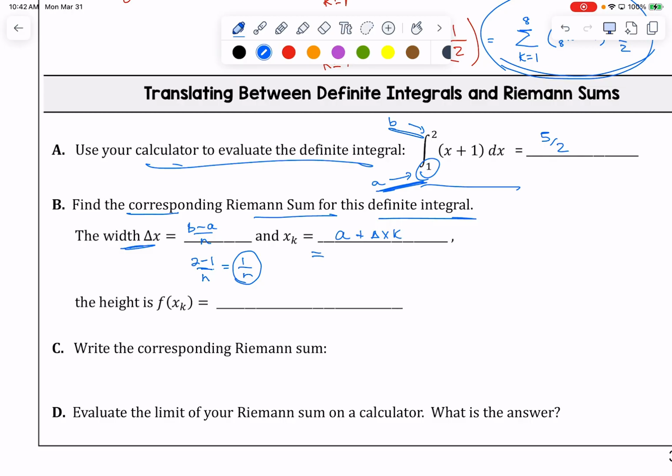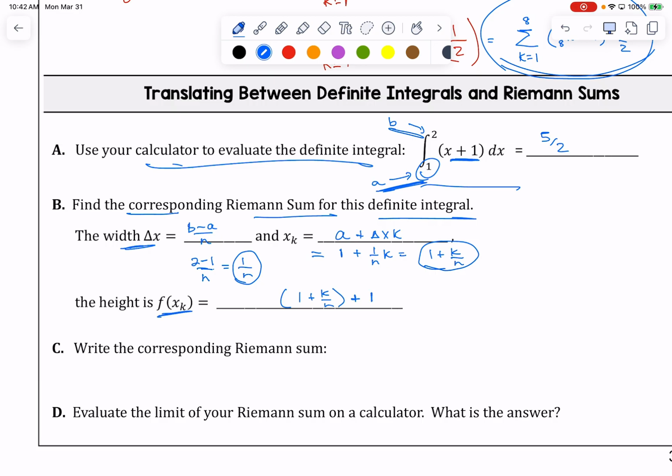What's my a value? 1 plus, what's delta x? 1 over n times k, which most mathematicians write as 1 plus k over n. So there's my x sub k. Then f of x sub k would be, what's the equation? x plus 1. So it would be 1 plus k over n plus what?